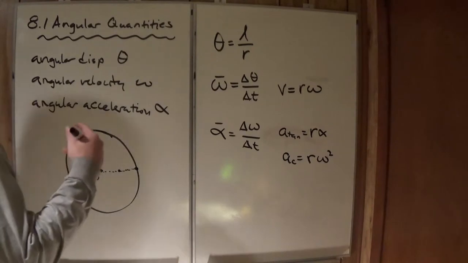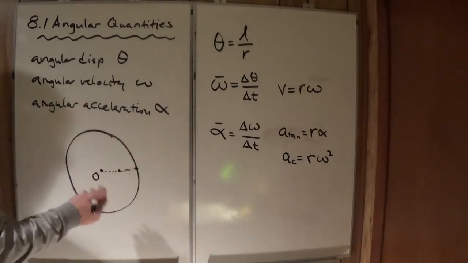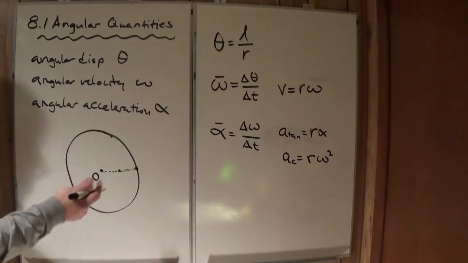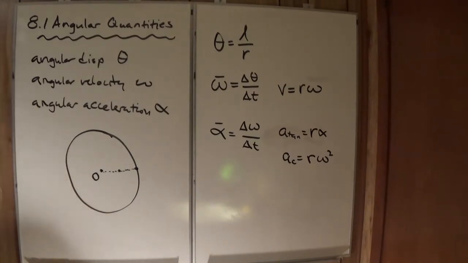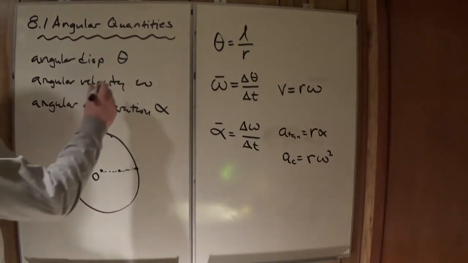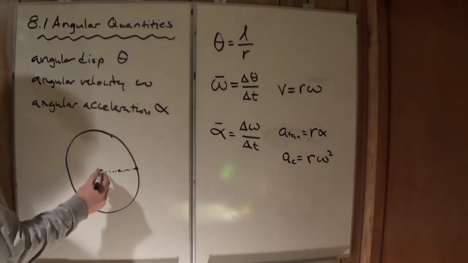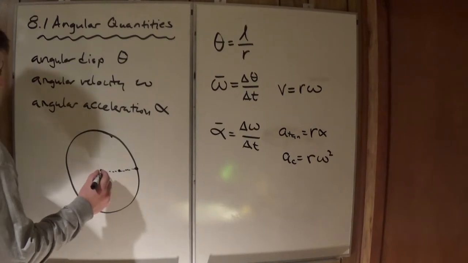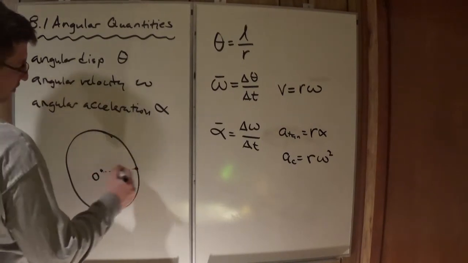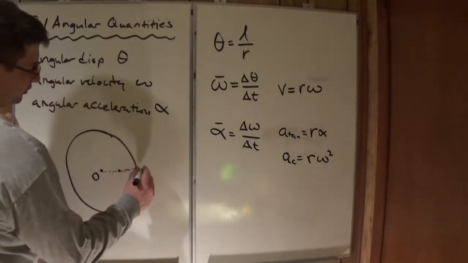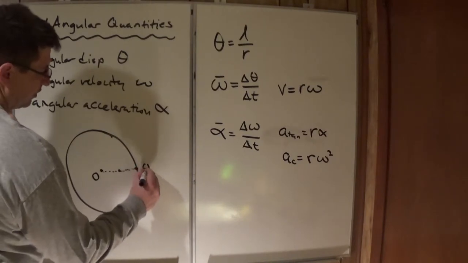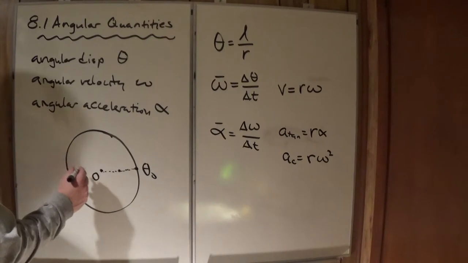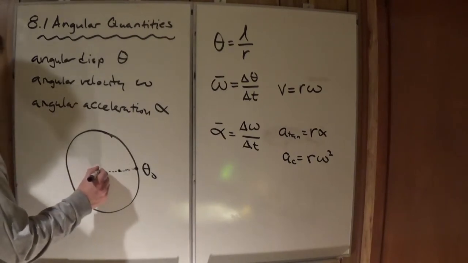So when we talk about displacement in general, or distance, we talk about a straight line distance. If we talk about angular displacement, we're talking about rotating through a certain number of degrees or radians. So I can draw a line here and call this my initial angular position, theta naught. And I can choose a new angular position. It could be anywhere around the circle.